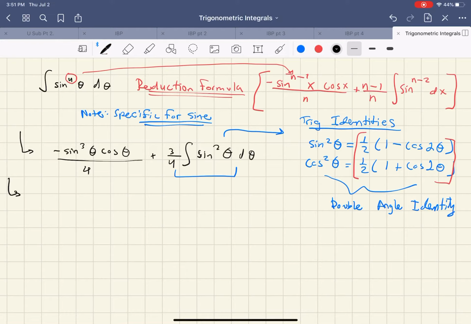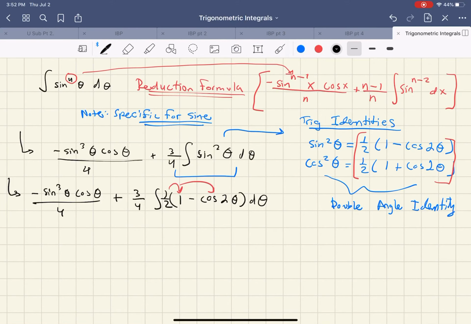So let's bring everything down. Negative sine cubed theta cosine theta all over 4, plus 3 over 4 times the integral of 1/2 times 1 minus cosine 2 theta d theta. Oops, forgot the 1/2 right here. And what we're going to do now is distribute this 1/2 to both.